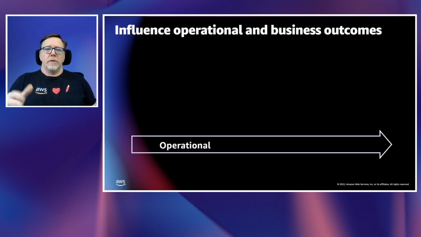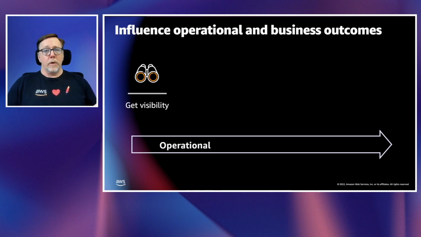You really want to ultimately influence and improve both your operational and your business outcomes. So on the operational side, by employing these tools to look at the information, you'll achieve better visibility into the underlying functioning of your application.